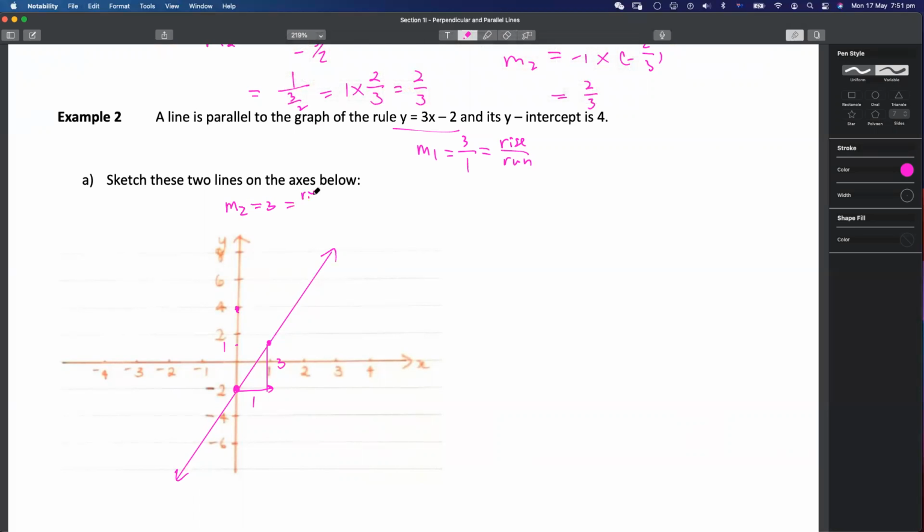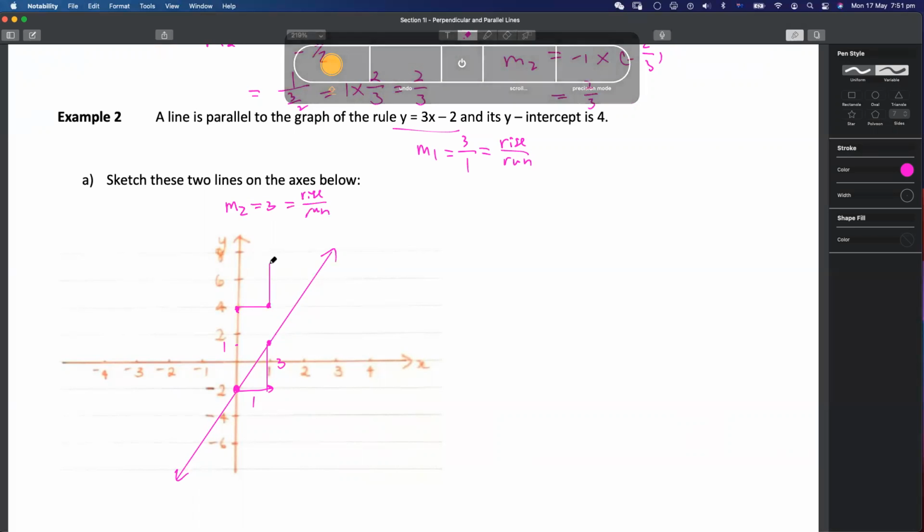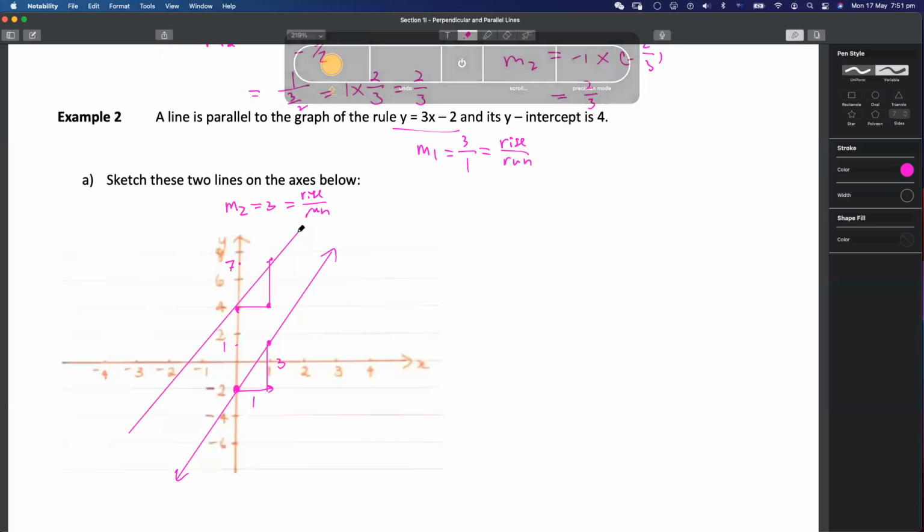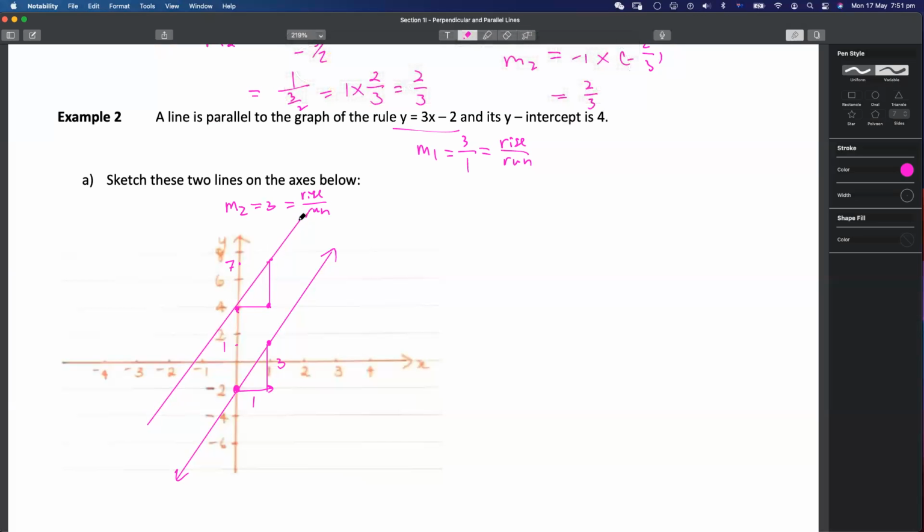So your rise over run is going to be 3 over 1 as well. So 1 unit to the right, and 3 units up, to 7. And there we go. We connect these 2 points. See, they are very parallel, okay? They are parallel.